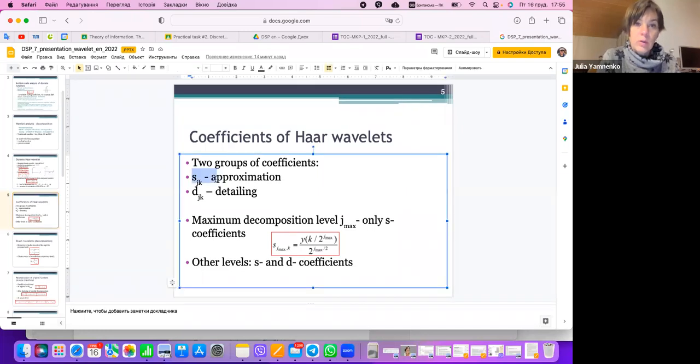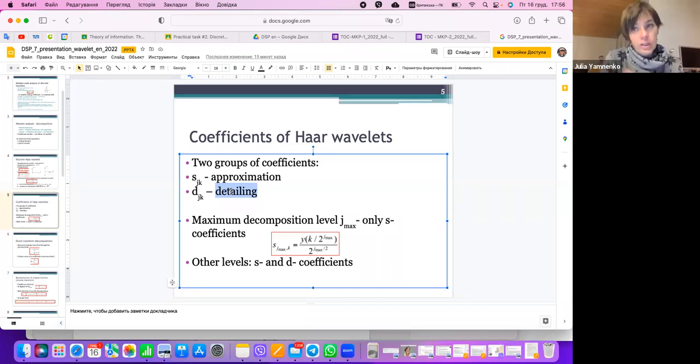The first group is a coefficient that will be marked by the letter S. So S is a coefficient that describes the approximation, or low frequency, or trend. The second group will be marked by the letter D, and these coefficients will describe the detailization, the noise, the high frequency oscillation around the trend.